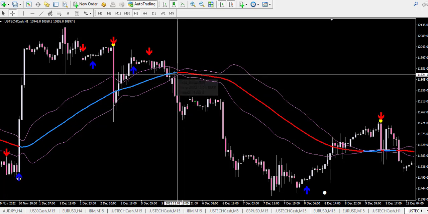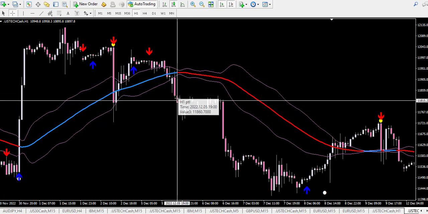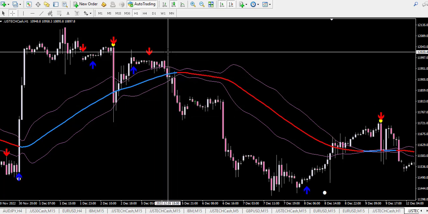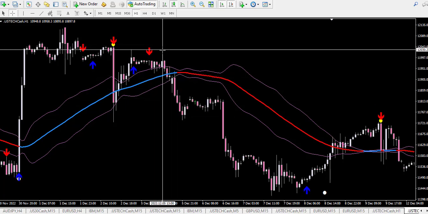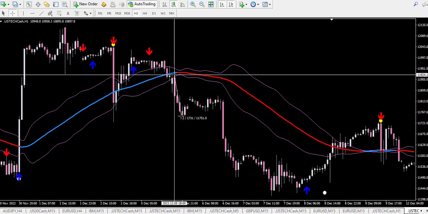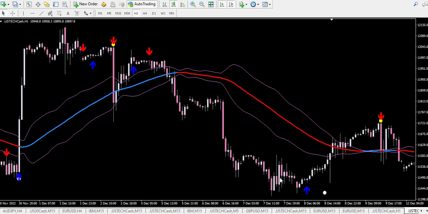And here at this particular point we have every indicator in agreement, so your stop loss is going to be above the previous high before this signal was generated, and your take profit is going to be 1 to 1 or 1 to 1.5 ratio for your take profit. And this is how to use it.